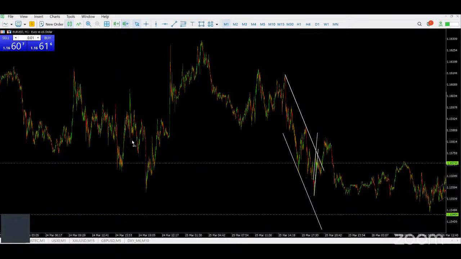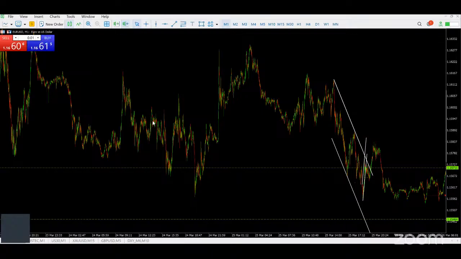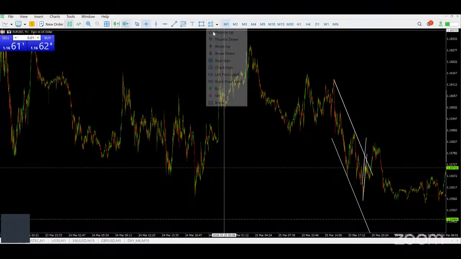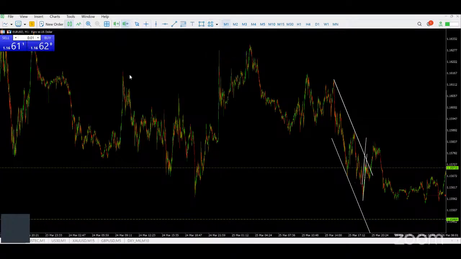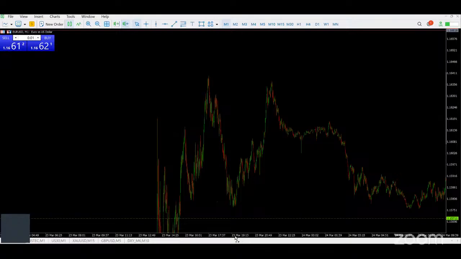So bear with me with that. So we're going over here now to March 24th at around about the same time, which is about 10:20. About here, this spike in here. 10:20 by the server, 8:20 by our UK time.